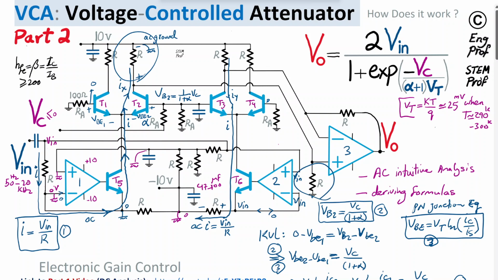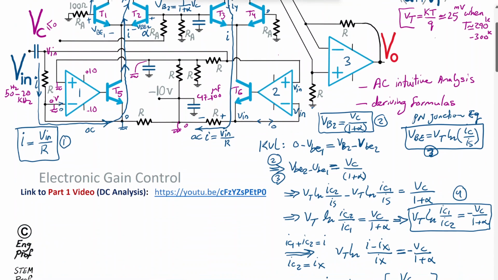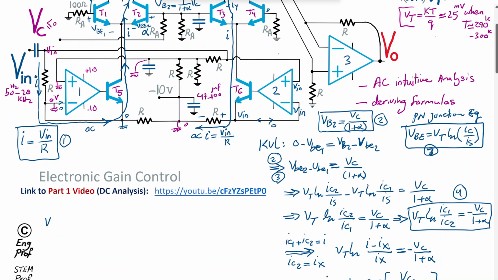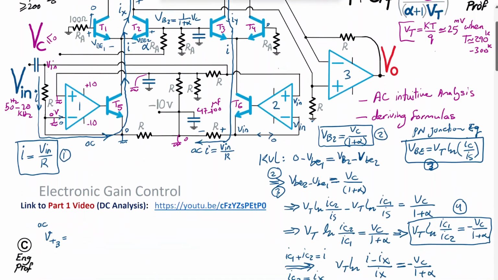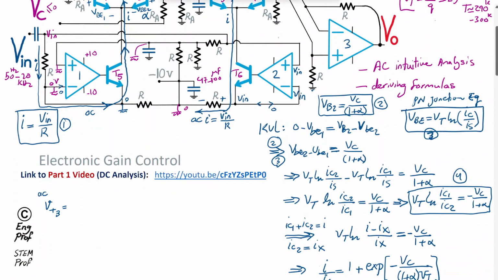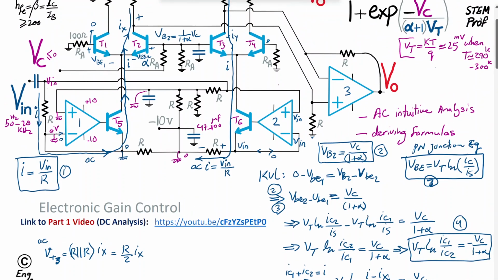So I'm going to write that the AC voltage at the positive terminal of op-amp 3 is equal to the contribution from Ix, effectively the parallel of R and R, which means R over 2 times the Ix AC current. So I'm going to write it here, R over 2 Ix. That's the AC voltage at the positive input terminal of op-amp number 3 as shown here.